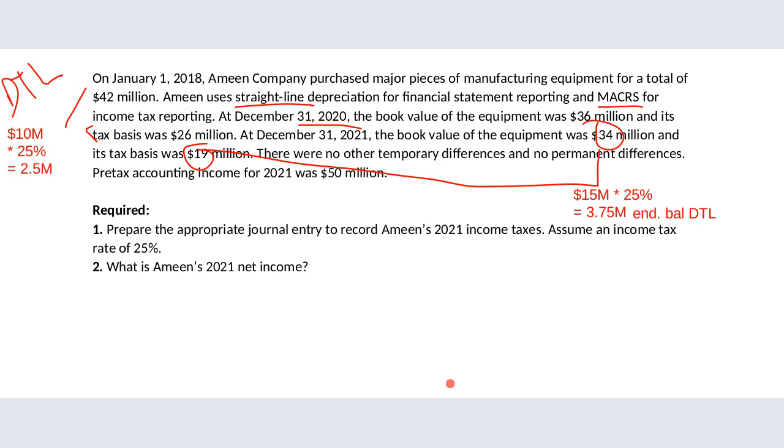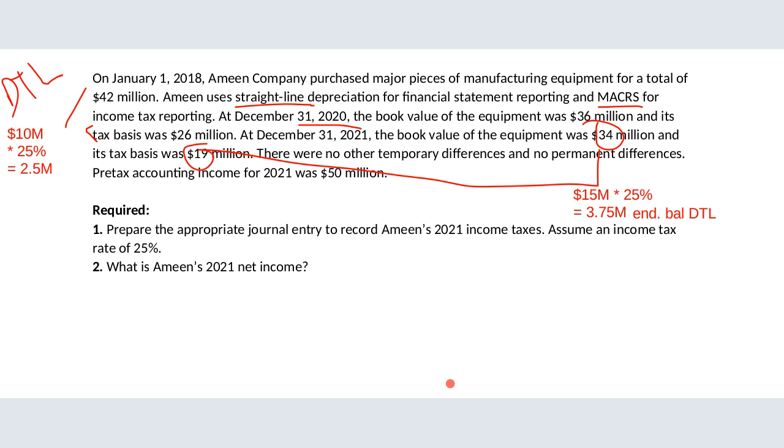We have a temporary difference of 3.75, which reduces, right, is a benefit that we're taking in the current year, but that is going to reverse in future years.